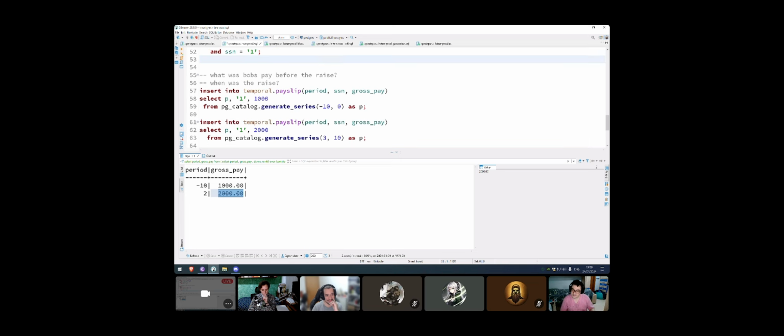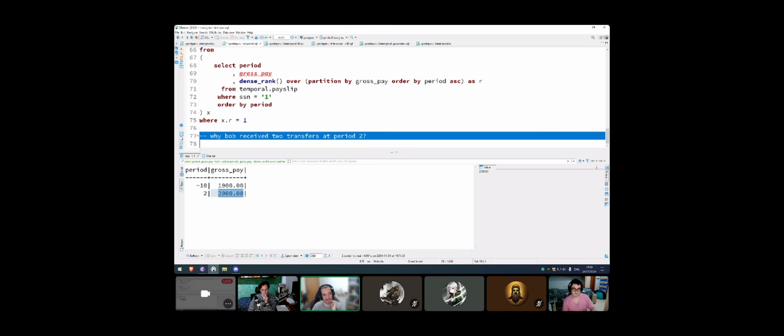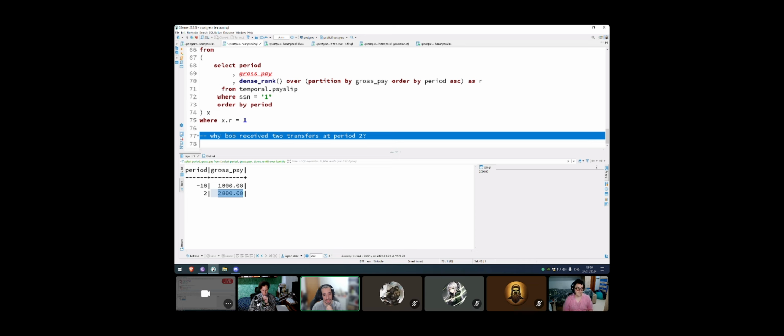That's the point. And that's why we can't answer this, because that's a question about what's the state of the world that led us to generate two transfers.